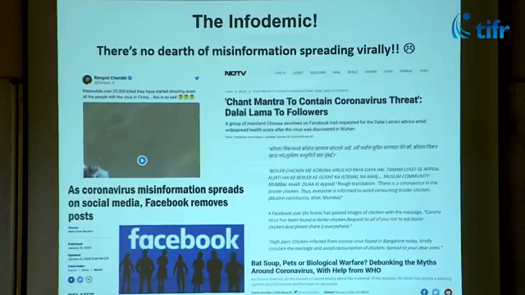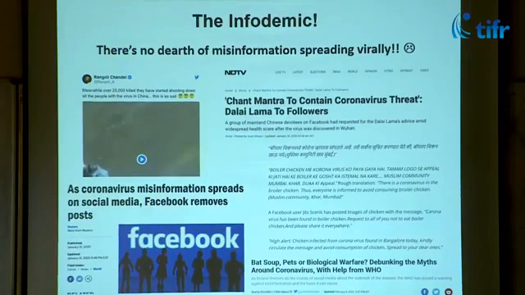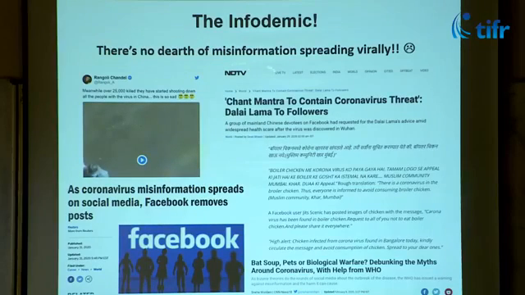Now we've talked a lot about how the virus affects you and how the virus moves, etc. But the most viral thing in this epidemic has not been the virus, but the misinformation that has been going on.